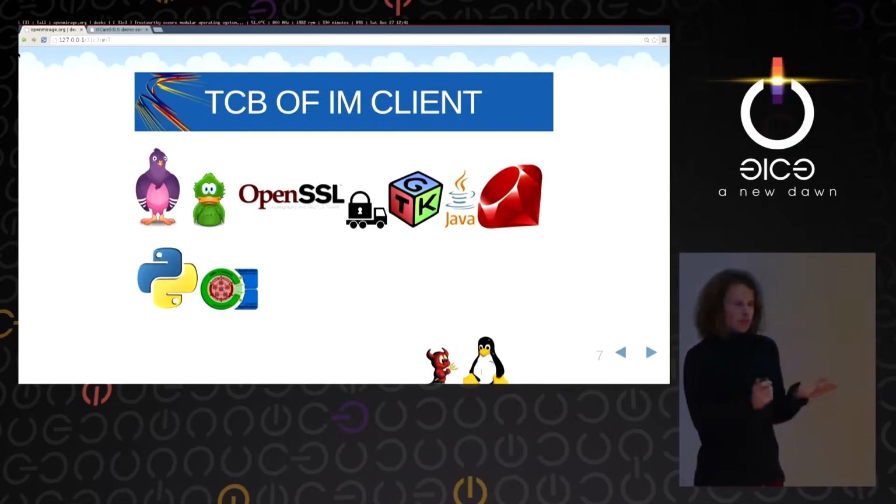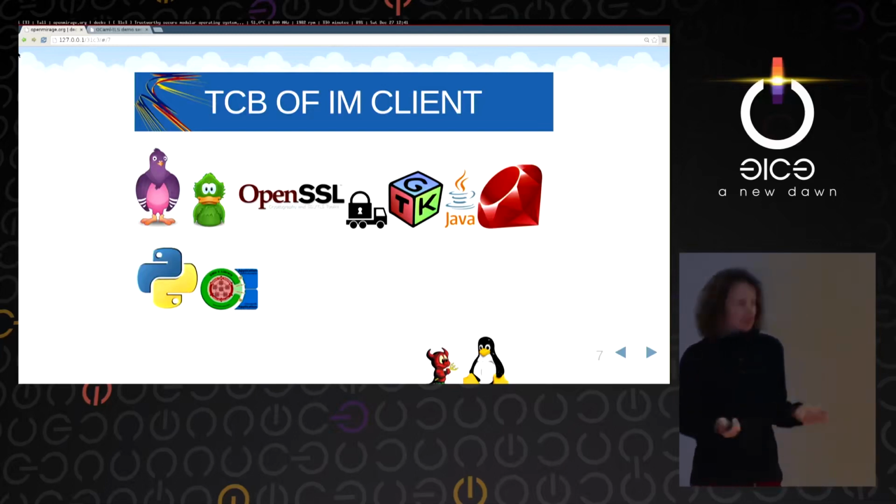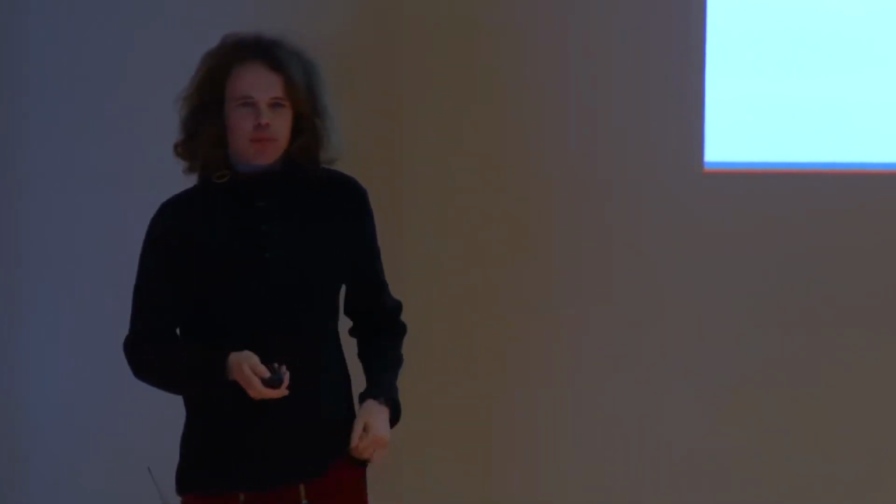So if there's one exposed and vulnerable, the whole security of the whole system is exposed. And here on the right side, you also see the operating system, be it Linux or FreeBSD or whatever else. The kernel, which provides you with a TCP/IP stack and hardware device drivers, is also part of the trusted computing base.